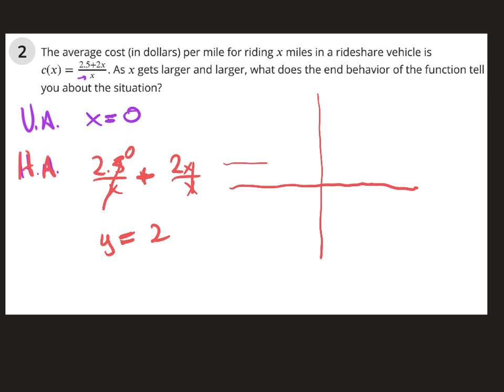So if this was our x and y axis, our vertical asymptote is on the y axis because x equals 0 is this line. And then y equals 2, y does not equal 0. Y equals 2 is this line.